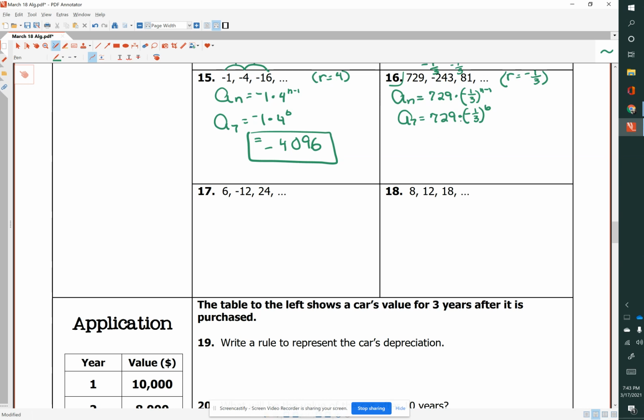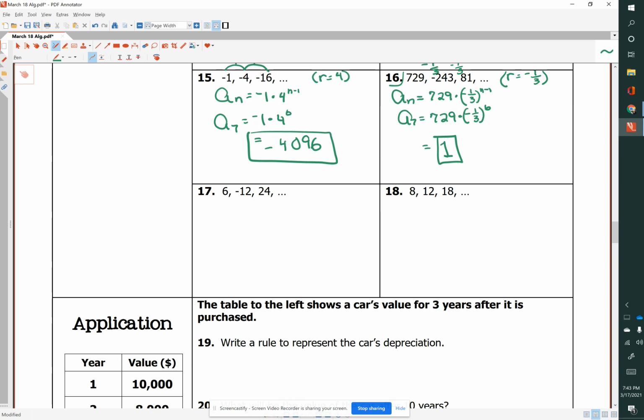And when we evaluate 729 times -1/3 to the 6th power, the answer is 1. So how did you do?